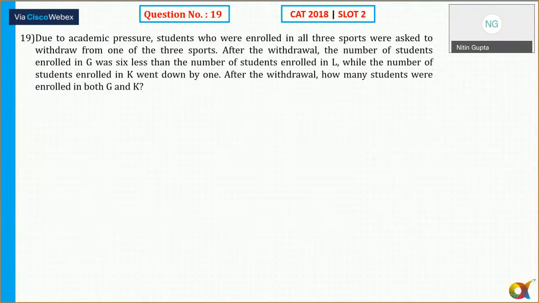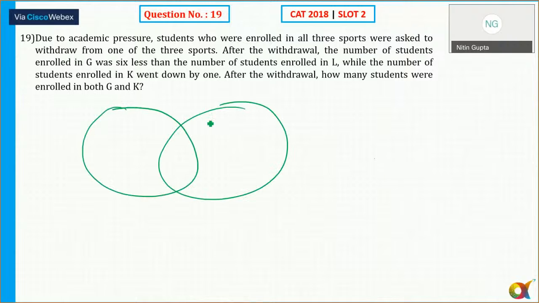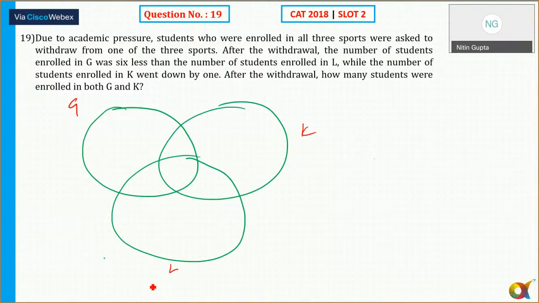Now for question 19, a little new information will be used. Question number 19 says, due to academic pressure, students who were enrolled in all three sports were asked to withdraw from one of the three sports.